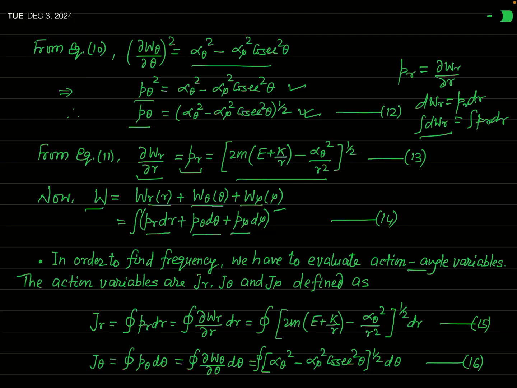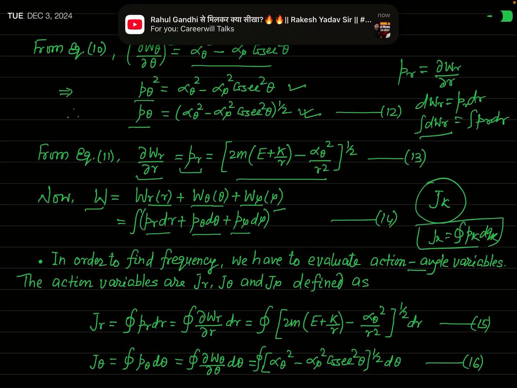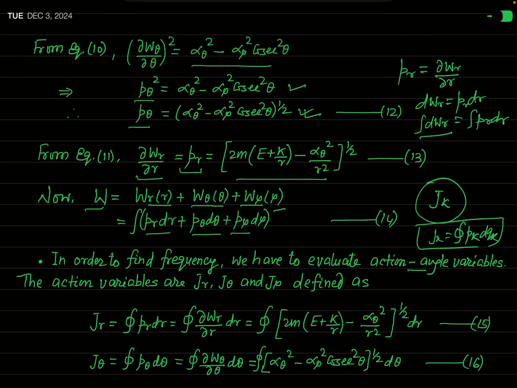Here you know that in general, as you studied in the previous video, we denote the action variable by the symbol Jk, defined as integral of pk dqk. Corresponding to the three generalized coordinates r, θ and φ, there will be three components of this action variable, and those will be Jr, Jθ and Jφ.